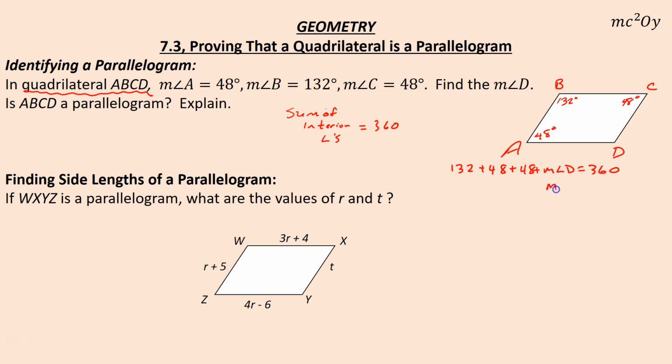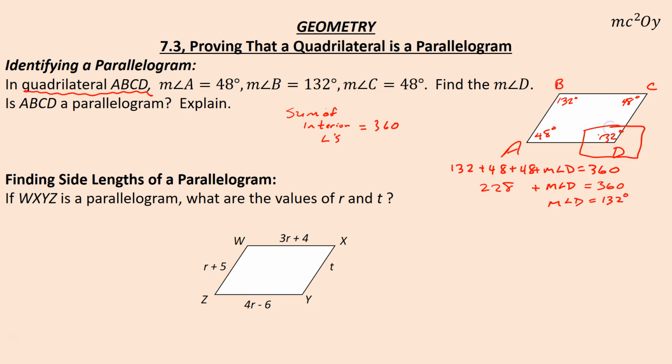And so the measure of angle D plus those 48s and that 132 combined gives us 228 equals 360. And subtract that 228 from both sides, we get the measure of angle D equal to 132 degrees. So this is 132. Okay?